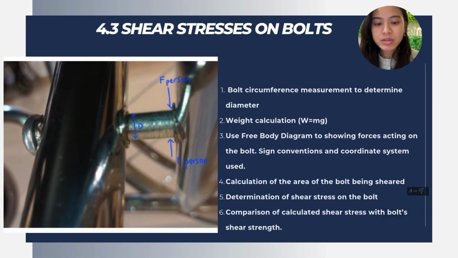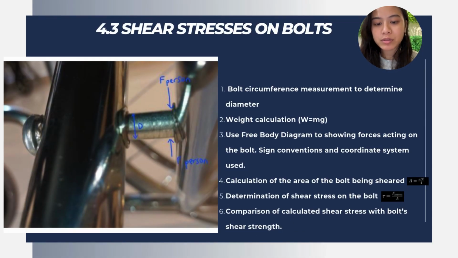Shear stresses on bolts. First, bolt circumference measurement to determine the diameter. Second, weight calculation with the formula W equals M times G. Third, use a free body diagram to show forces acting on the bolt, sign conventions, and the coordinate system used.